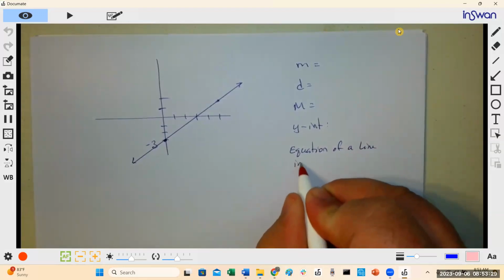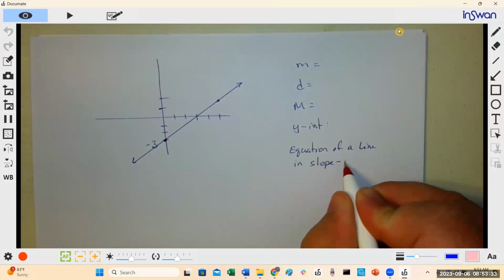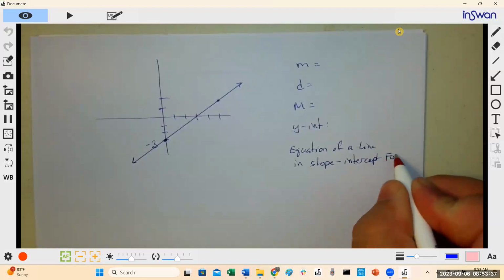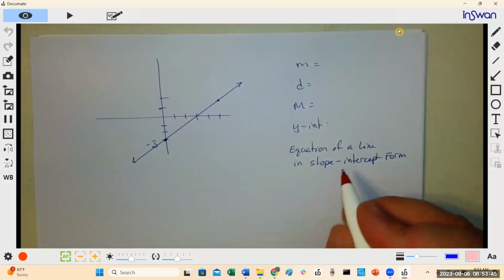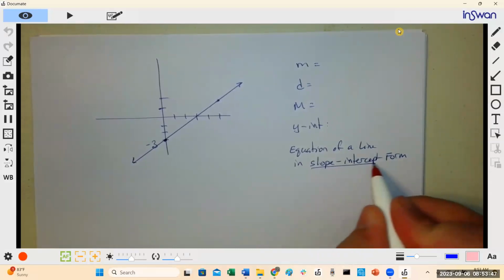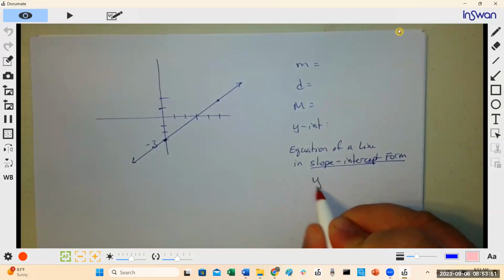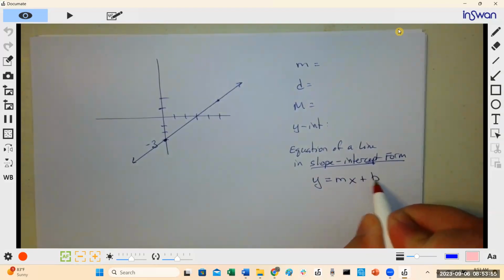A line in slope-intercept form. The slope-intercept form is one we always think about. It's y equals mx plus b.